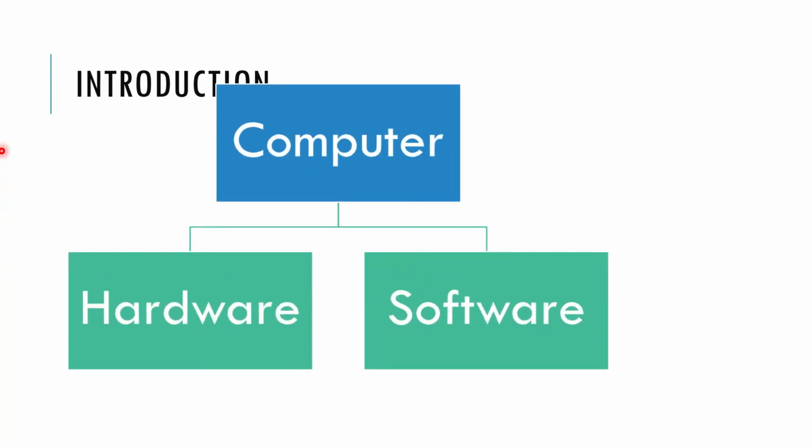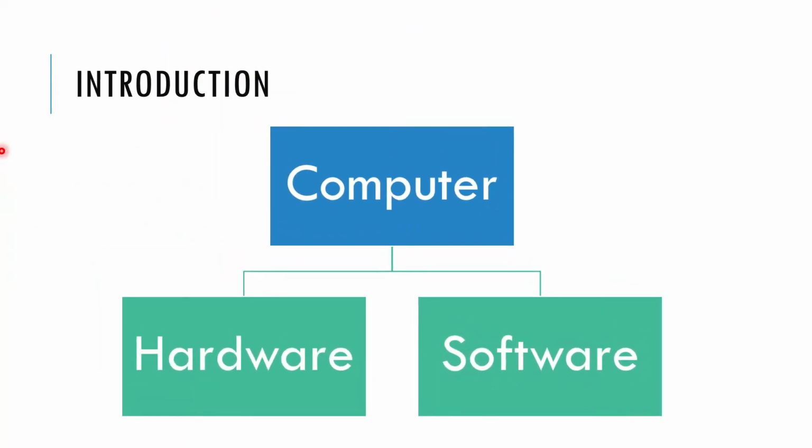Students, as you know, computers are essential in the digital world and we cannot think of a world without computers. They are used in each and every field and every sector, like supermarkets, banks, etc. A computer system consists of two main components, hardware and software.